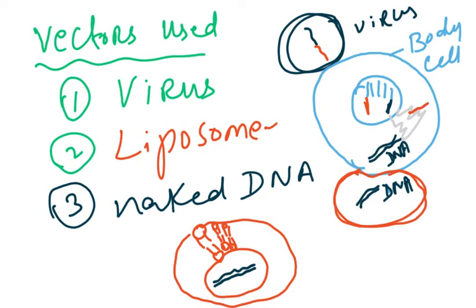Now that is going to be very helpful, because whether that protein is a hemoglobin molecule, or an enzyme, or a channel protein, the correct protein will be made and the person will be cured and treated. So we use the vectors, we use viruses, liposomes, and at times just naked DNA is also used.